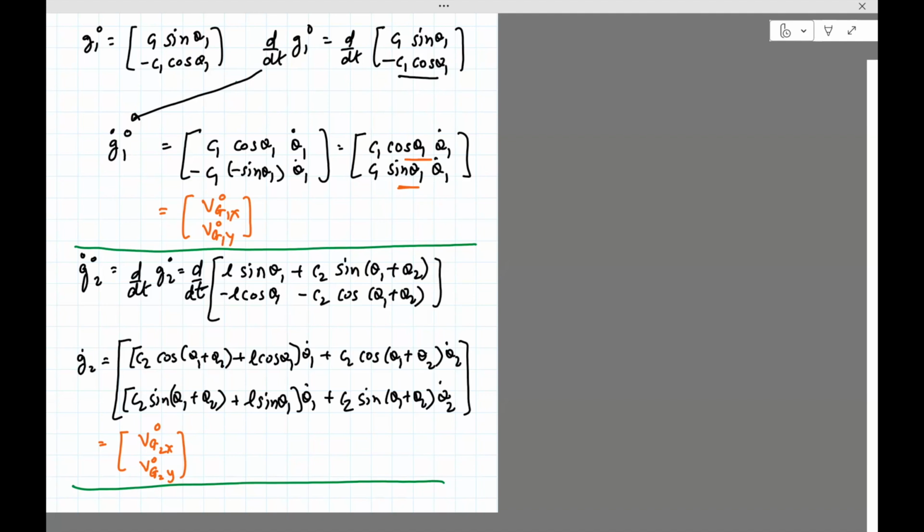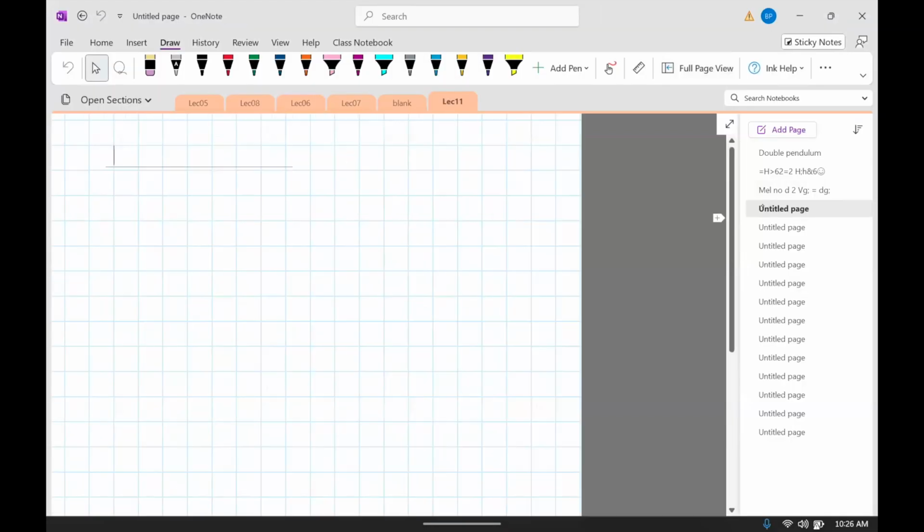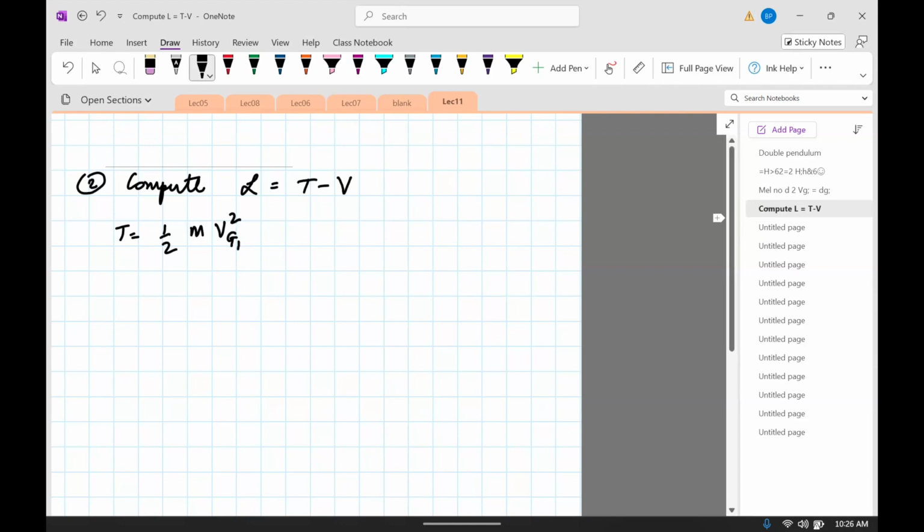Okay, now we need to go to the next step, which is to find the Lagrangian. So step 2, compute L equals T minus V. T is half m1 Vg1 square plus half m2 Vg2 square, of course in frame 0.